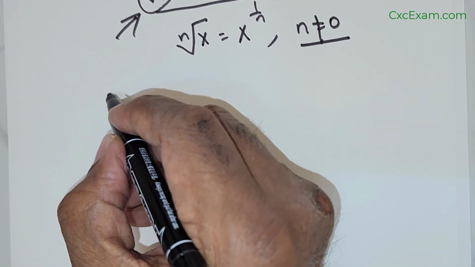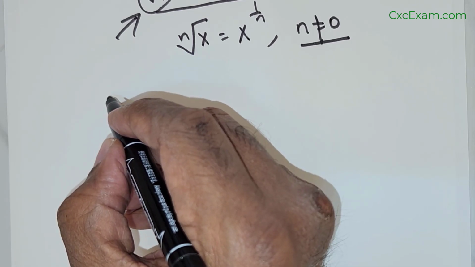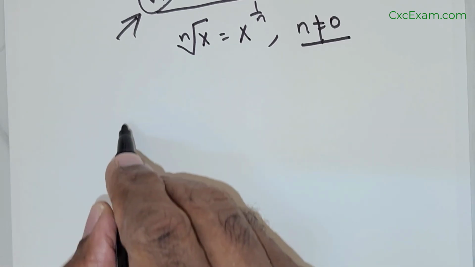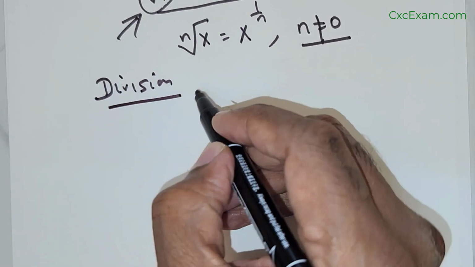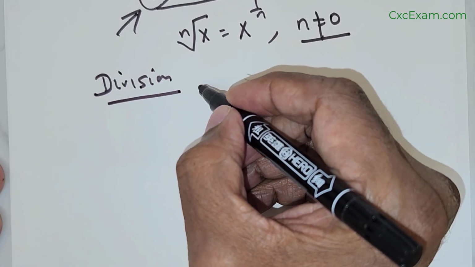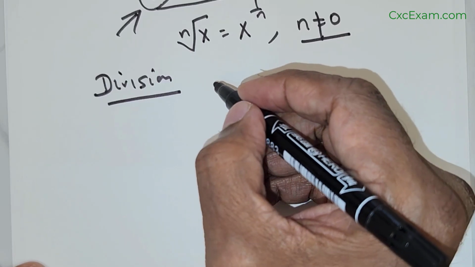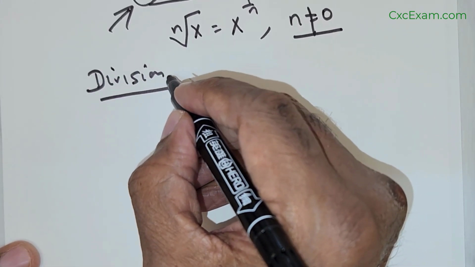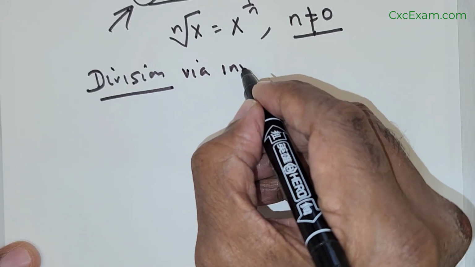Now, by the law of division, suppose I am operating division. Division is an operation, so if I were to use this operation, I need to satisfy a few laws. So I'm going to define division via inverses.